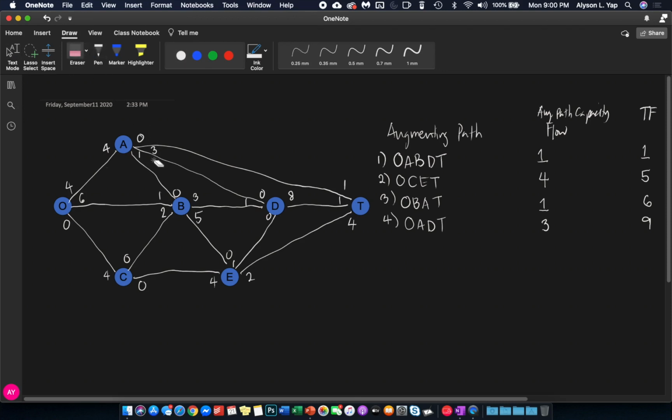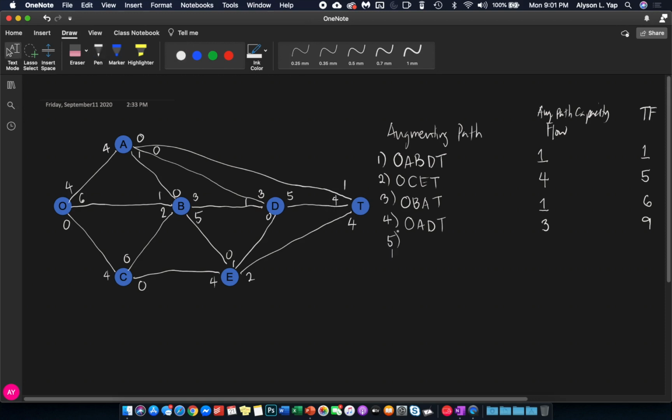Next, this 3 and 0 will become 0, 3. Finally, this 8, 1: 3 units, 8 minus 3 is a 5. 1 plus 3 is a 4.